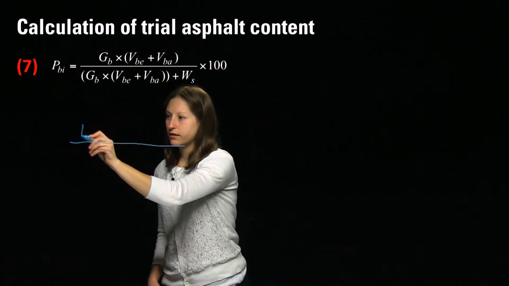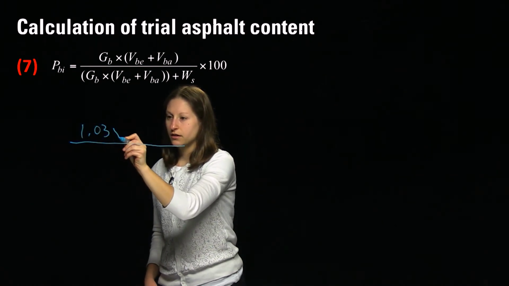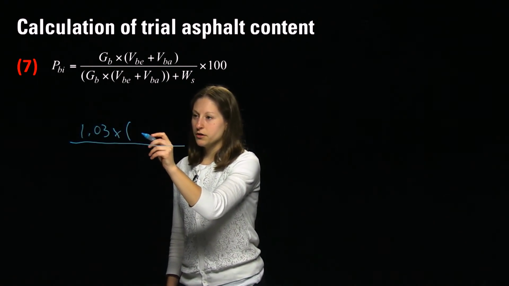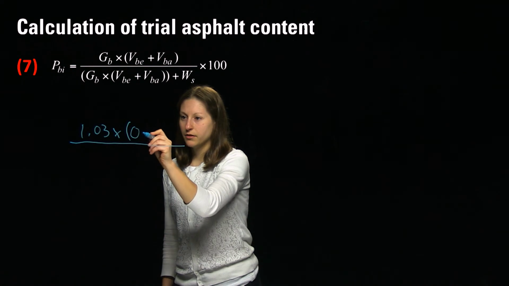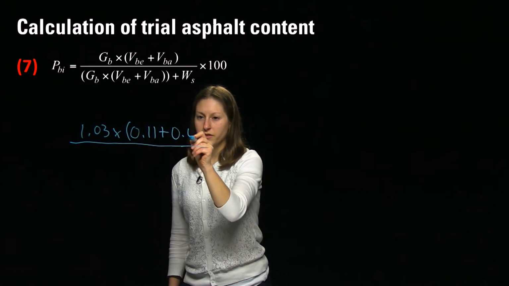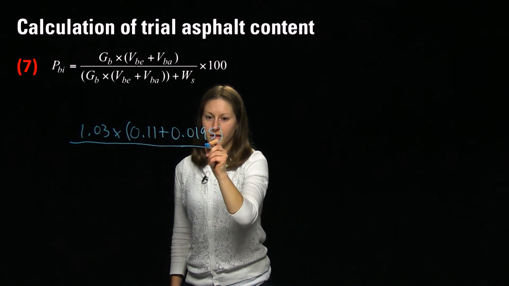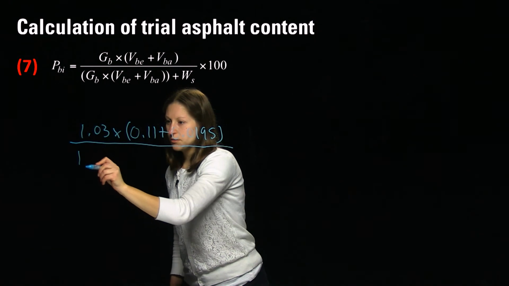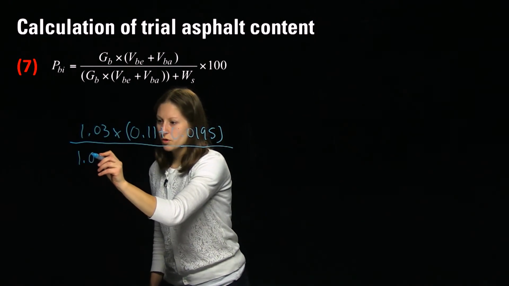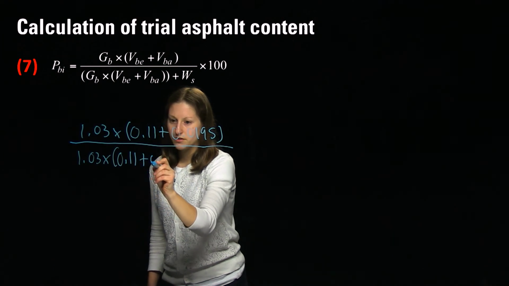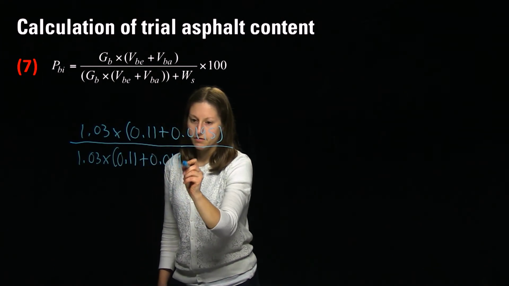Our Gb is 1.03. We multiply that by our total binder volume, which is the sum of our effective, 0.11, and our absorbed, 0.0195. We divide this by the same quantity as in our numerator, 1.03 times 0.11 plus 0.0195.